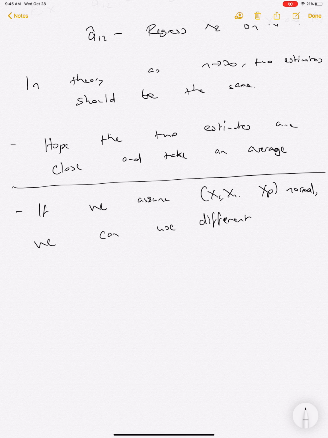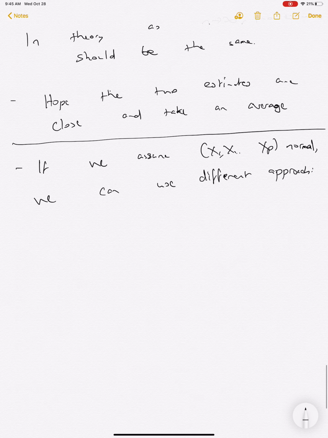Essentially, we're going to parameterize things now in terms of the inverse covariance.